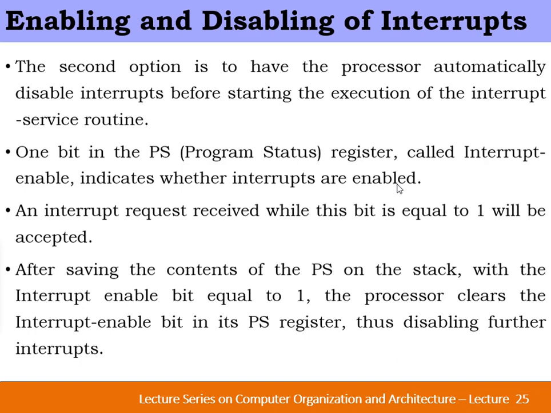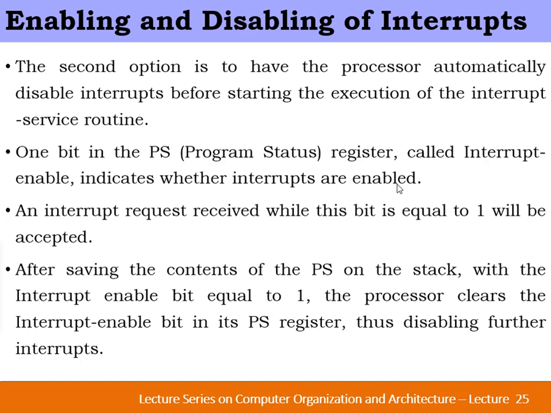This makes a disabling of interrupts. So the processor is not going to accept the interrupt request signal from any of the IO devices. No doubt, one copy we keep on the stack.